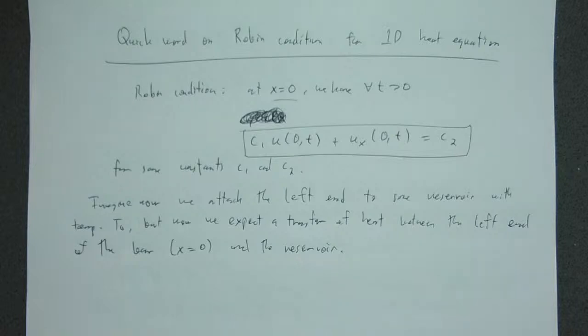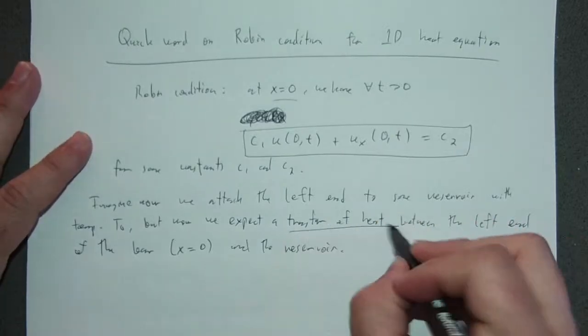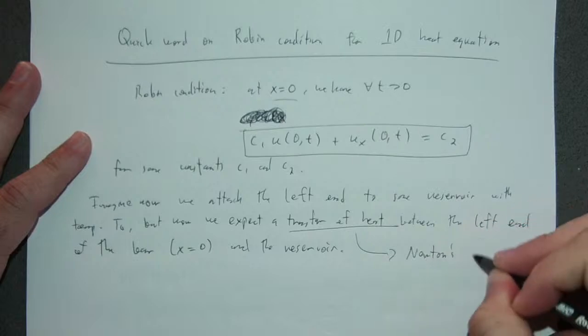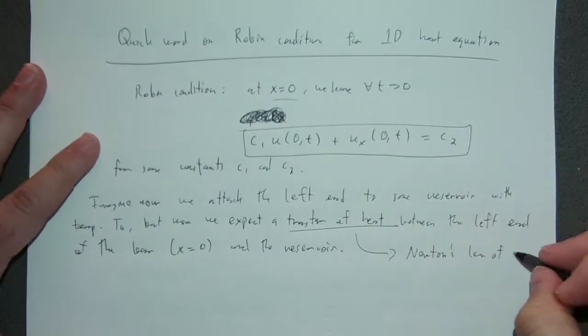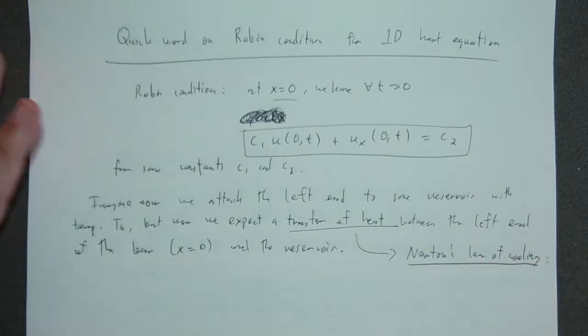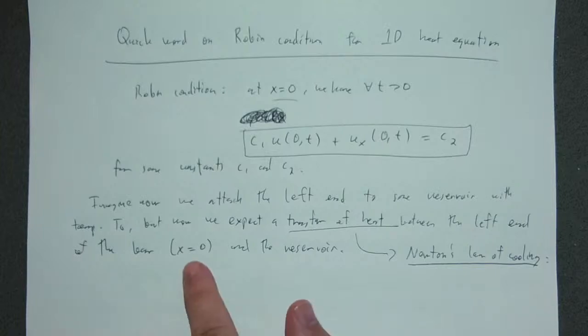Well, how does this work? So this transfer of heat works by Newton's law of cooling, we'll say, as a model for this. What does Newton's law of cooling say? It says that the temperature flux at the left end is proportional to the difference between the temperature of the bar at that end and the ambient temperature of its surroundings.